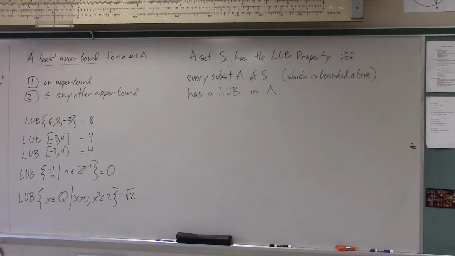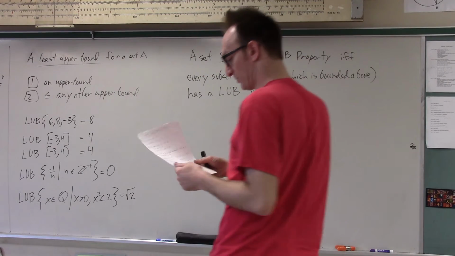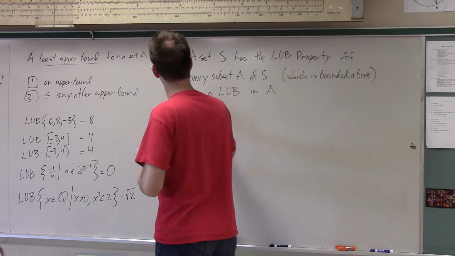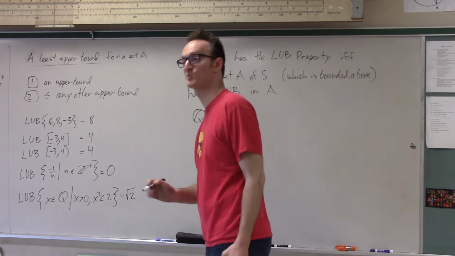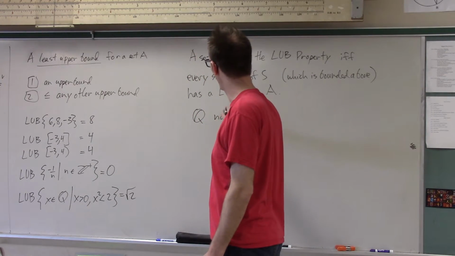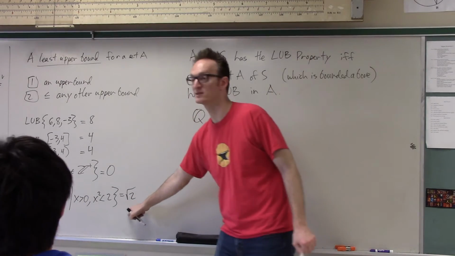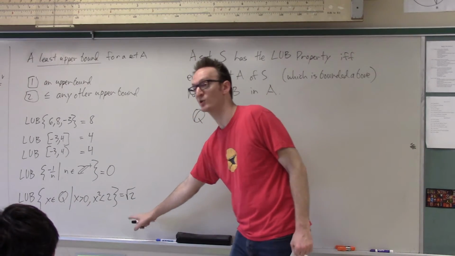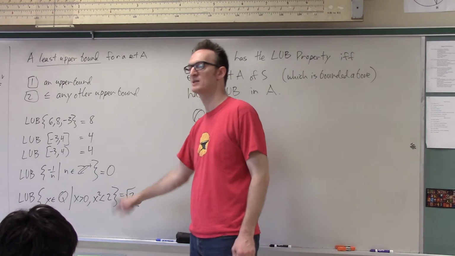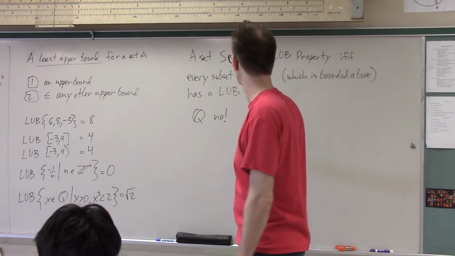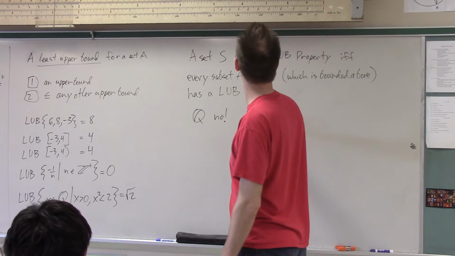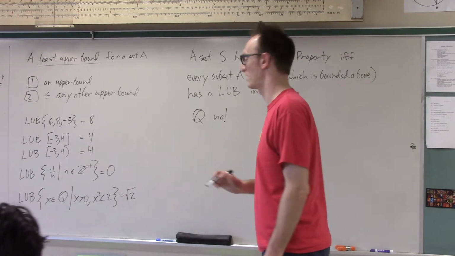In other words, a set has the least upper bound property if anytime you take some of those numbers and construct the least upper bound of those numbers, then the least upper bound is one of those numbers. So, for example, do the rational numbers have the least upper bound property? No, because we have just demonstrated a subset of the rational numbers for which the least upper bound of that set is not a rational number. Shouldn't it be LUB in S? Yeah, in S. Okay, sorry.